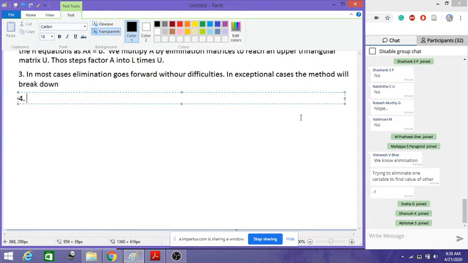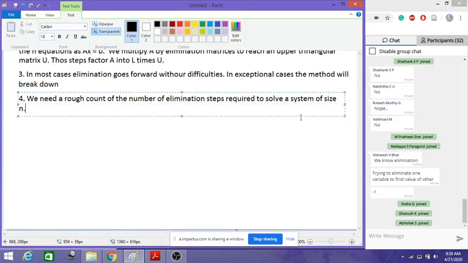So let me put in a statement here. We need a rough count of the number of elimination steps required to solve a system of size n, because the computing cost often determines the accuracy in the model.